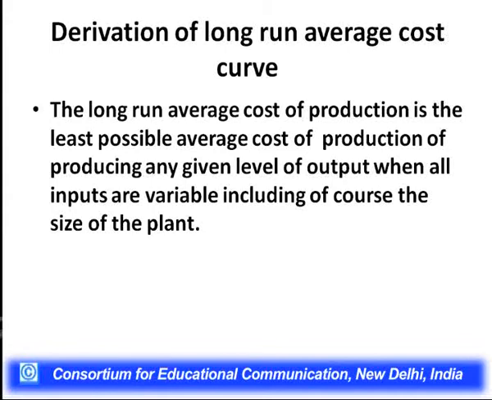So we will see that whenever an entrepreneur or a firm is doing production, it is actually doing it in the short run, but the planning is for the long run. He can decide which plant he can choose which will give him the lowest per unit cost of production.